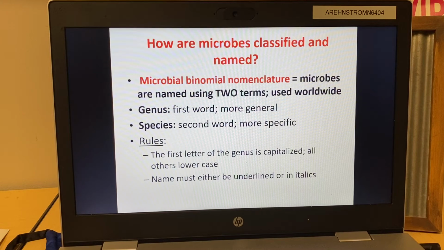And so you'll notice this when I hand out your lab exercises when you come to lab, or in PowerPoints and different documents I give you. You're going to see that anytime I'm talking about a microbe, no matter what of the 6 classes it's fitting into, it's either going to be underlined or it will be in italics.